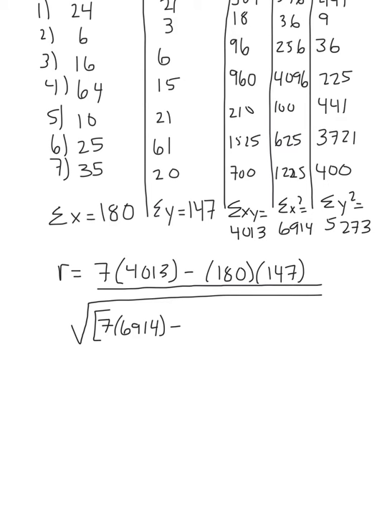So we take 180 and multiply it by itself. 180 times 180 is 32,400.